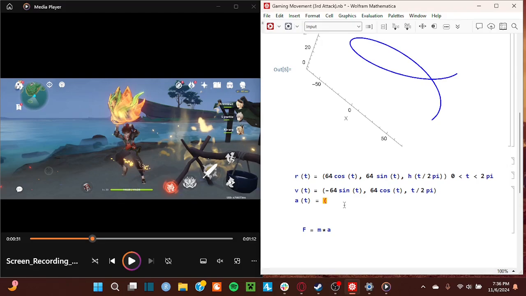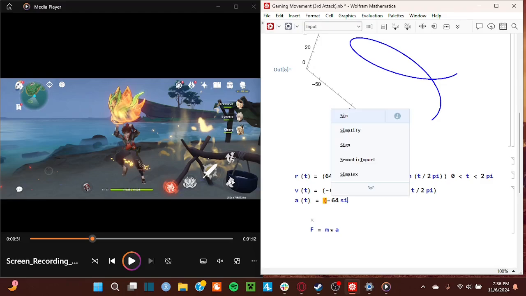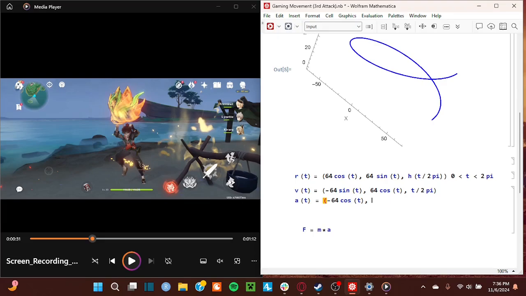From that, we can see that this last equation will be negative 64 sine, not sine, negative 64 cosine, excuse me, t, comma, negative 64 sine t, and then since it's t over 2 pi and t is represented within this range, this technically counts as a whole number.